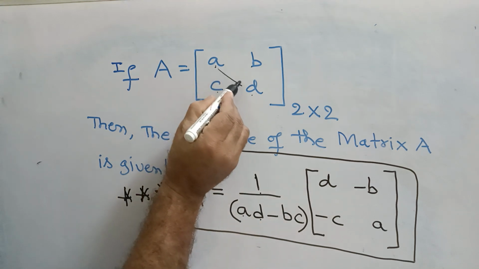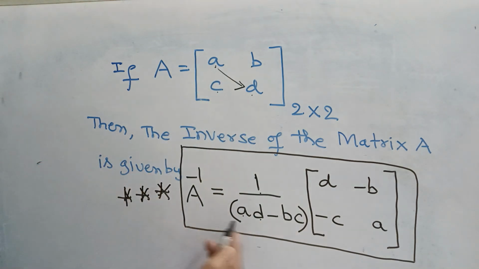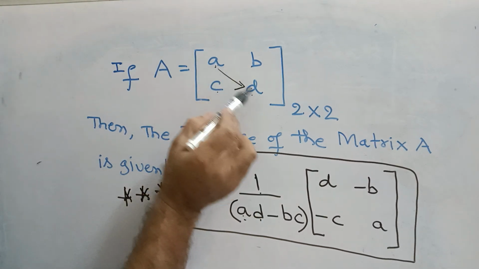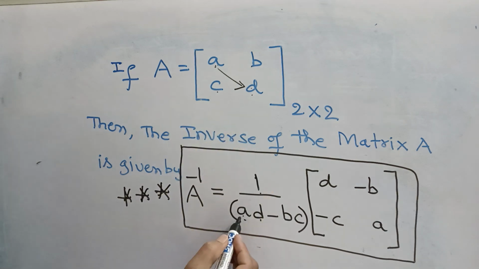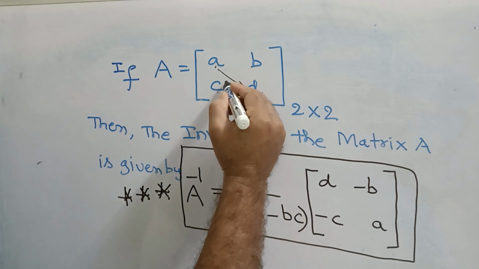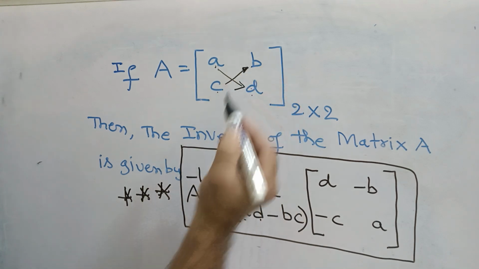A into D is cross multiplication. These two diagonal elements must be multiplied, that is A into D, minus, the symbol is minus according to the formula, B into C, these two diagonal elements.